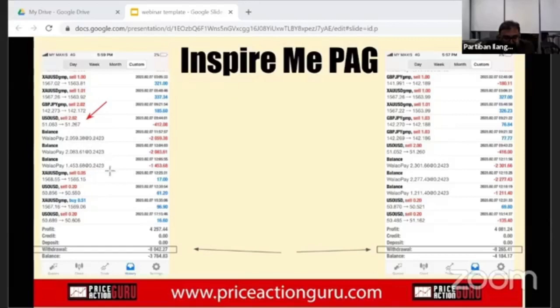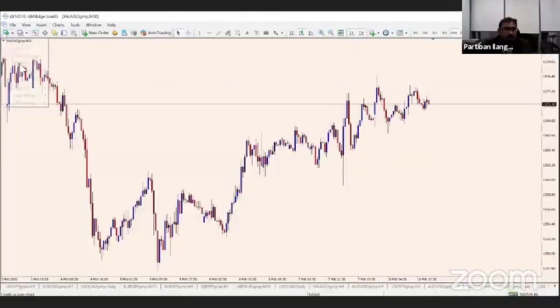And let's look at another trade which he made money. Oil, same price, 50.85 and 51.06. Okay, let's look at the trade. Oil.